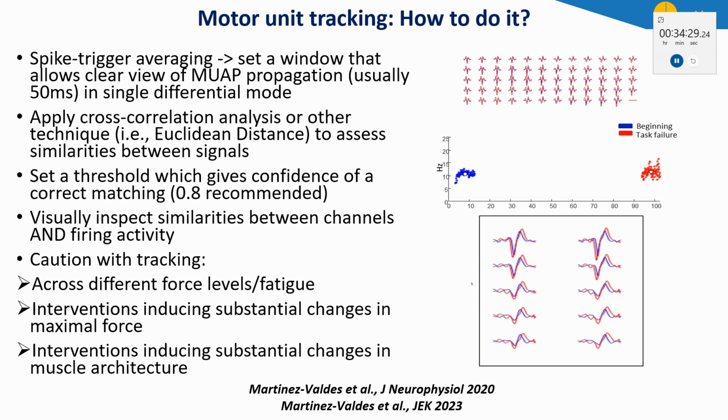And we have no data in muscles that can change in size as well, okay? And so it will be very useful to know, for example, if you have a very long intervention that, let's say, lasted 3 months, if that tracking will be feasible or not. It's likely that the action potential morphology will change, and then, of course, the tracking might be more difficult to achieve. Okay, so now we're going to the practical part.